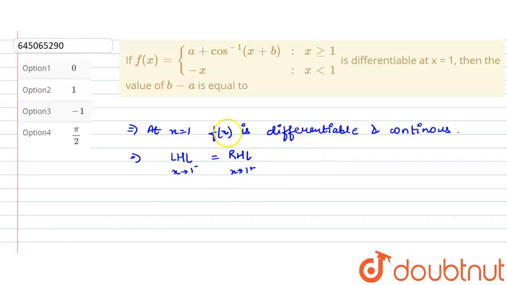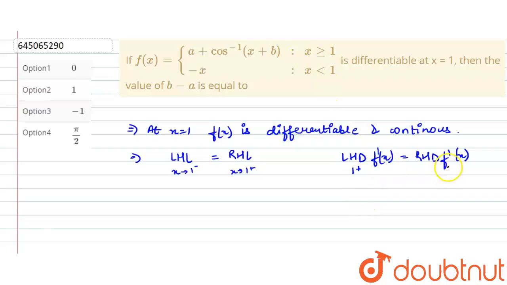And similarly, since it is differentiable at x equals 1, its left hand derivative of f dash x will be equal to the right hand derivative of f dash x at x equals 1.